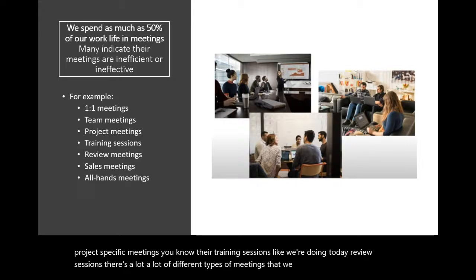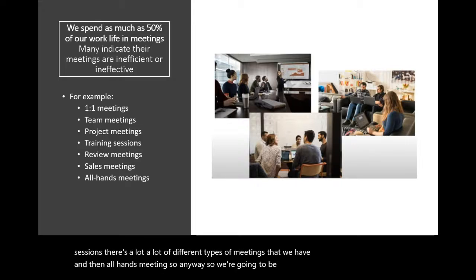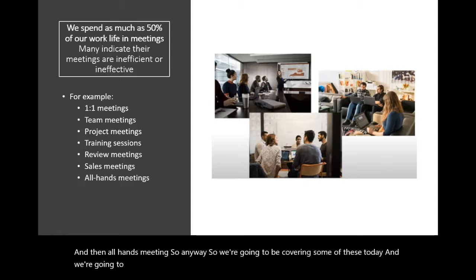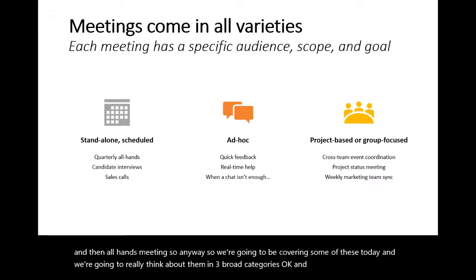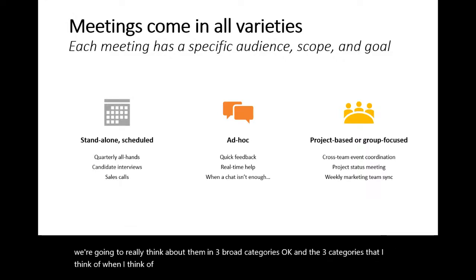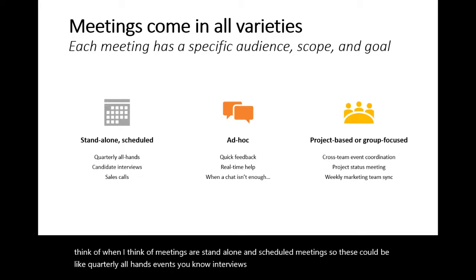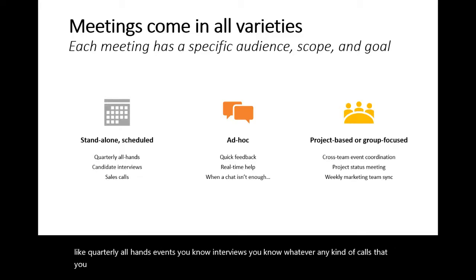So anyway, we're going to be covering some of these today, and we're going to really think about them in three broad categories, okay? The three categories that I think of when I think of meetings are standalone and scheduled meetings. These could be quarterly all hands events, interviews, whatever, any kind of calls that you have. Ad hoc meetings that just kind of come up.